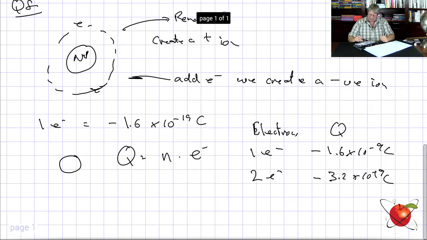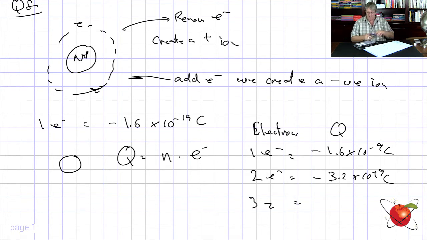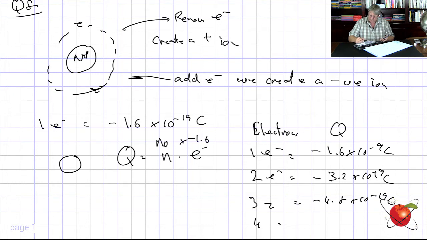If I add another electron, let's say 3 electrons, what is my charge going to be equal to? 1.6 times 3 is 4.8. If we add 4 electrons, you can see the charge is the number of electrons times 1.6 times 10 to the minus 19.